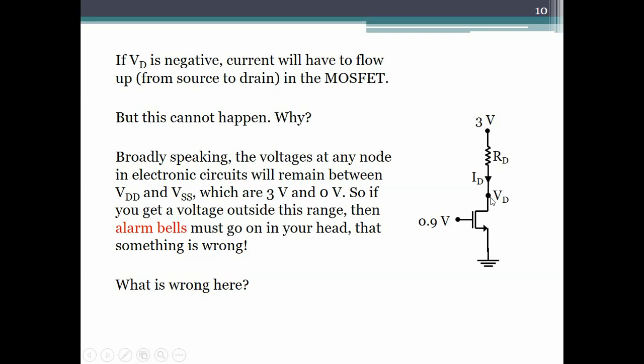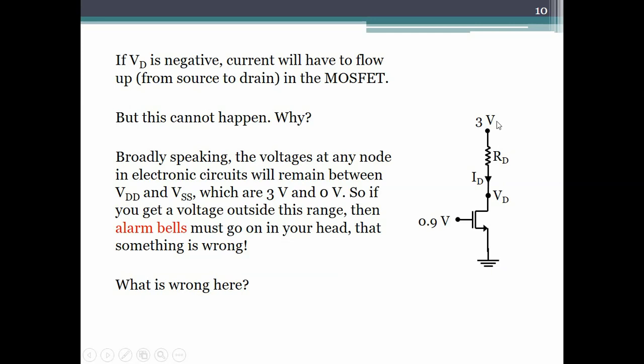There is another rule of thumb that you keep in mind always: if the supply rails of an electronic circuit are whatever they are, so here there are 3 volts and 0 volts, then generally speaking, I would say 99.9% of the time, any voltage in between will not go outside this range. This is just a rule of thumb. There is no theoretical proof for it.